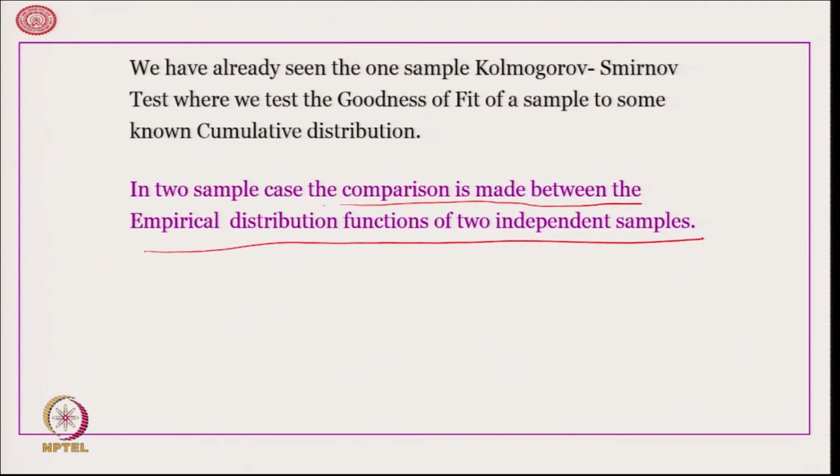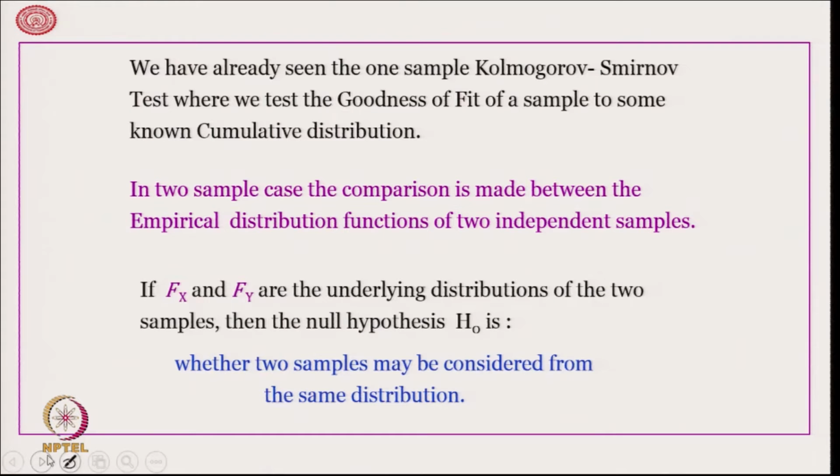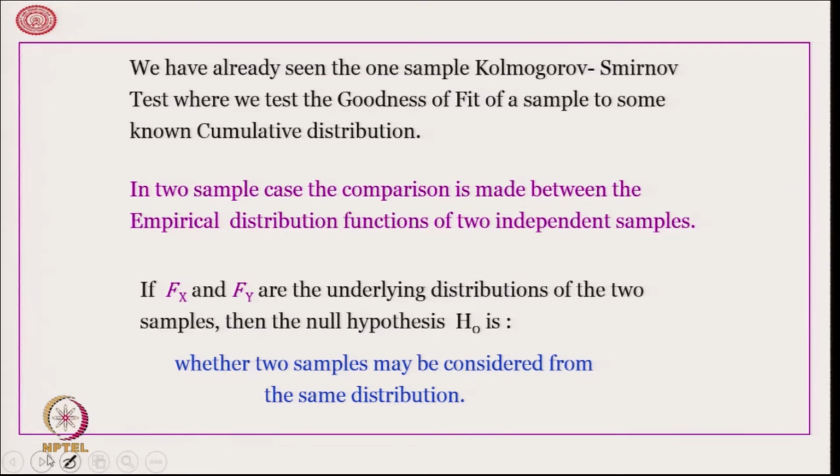We have to understand that we do not know the actual distribution of either sample, but we just want to check if they have the same distribution. So, let F_x and F_y be the underlying distributions of the two samples. Then the null hypothesis H naught is that the two samples may be considered to come from the same distribution.